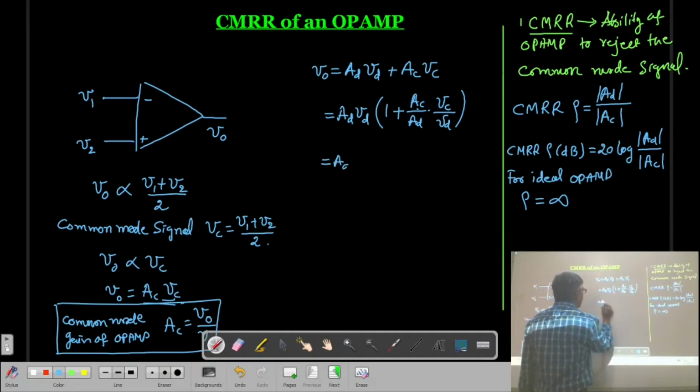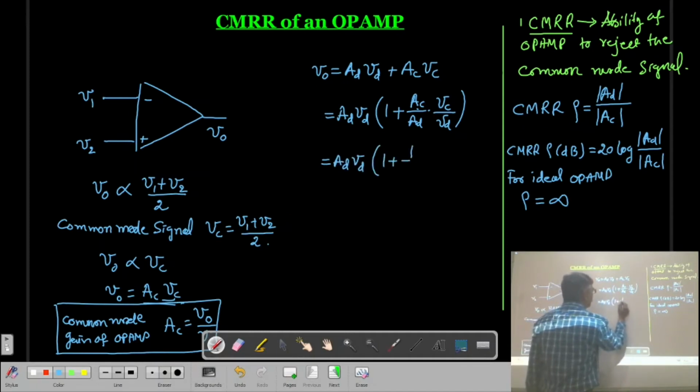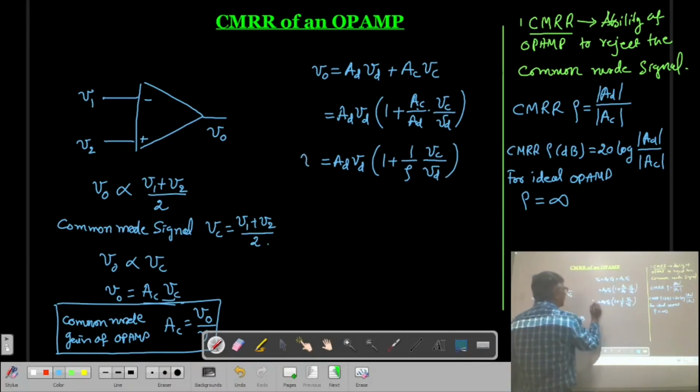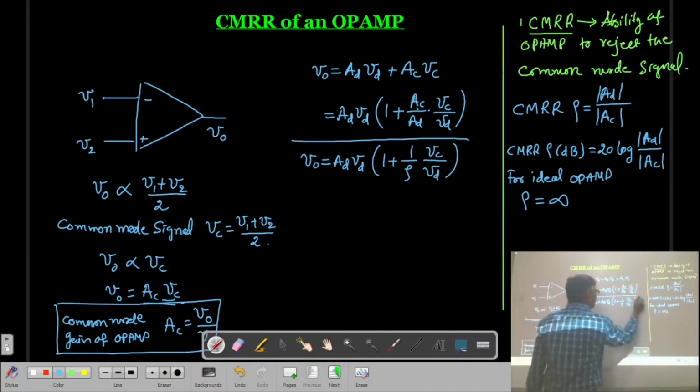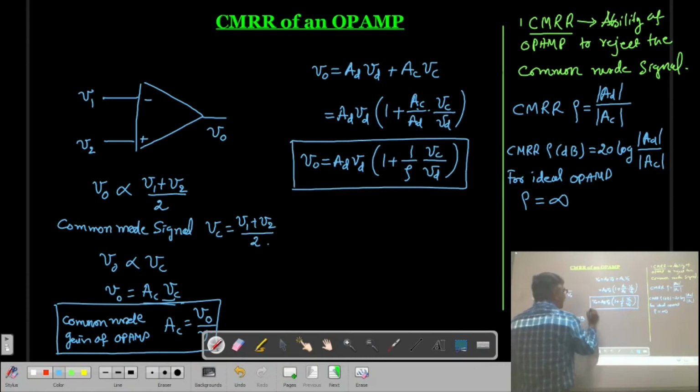So we can write AD into VD into (1 plus 1 upon rho, Vc by Vd). Correct? So this is the output voltage of the operational amplifier in terms of the CMRR.